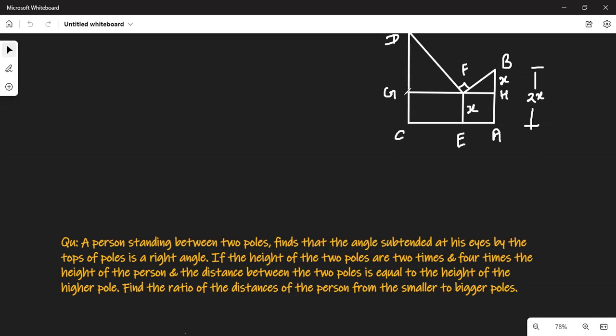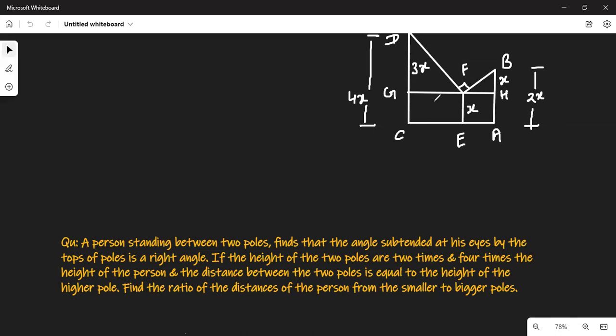Now DC is given equal to 4 times the height of the man. That means this total length from D to C is 4X. That simply means DG is going to be 3X.